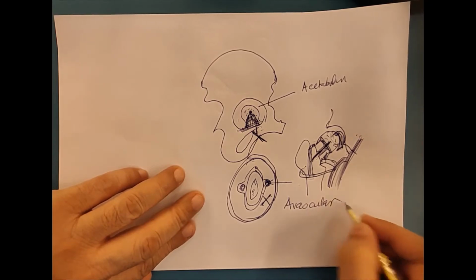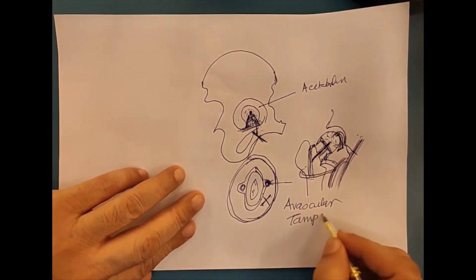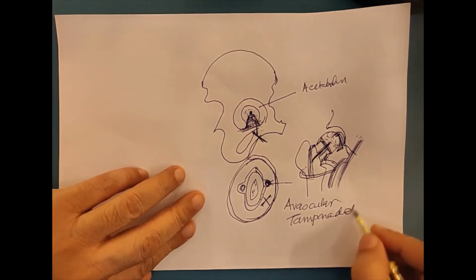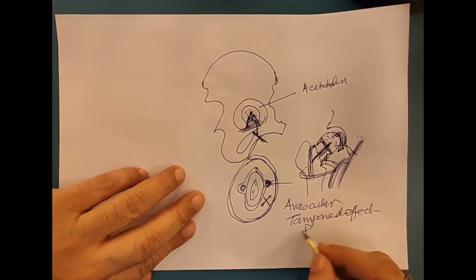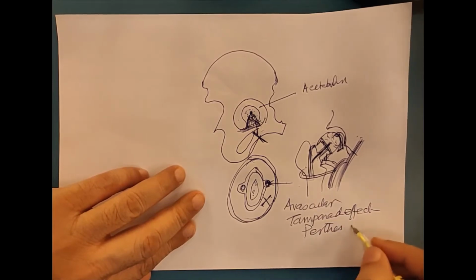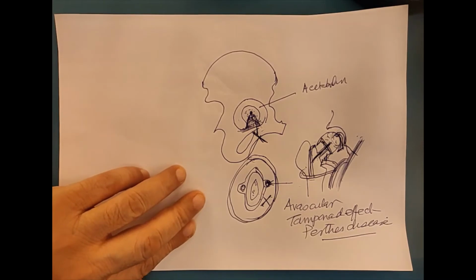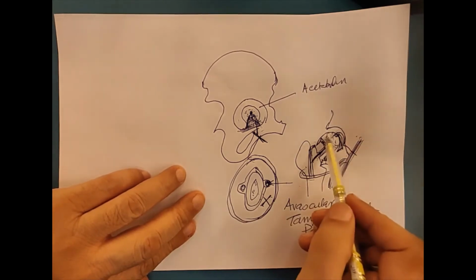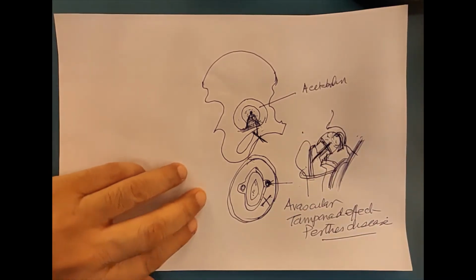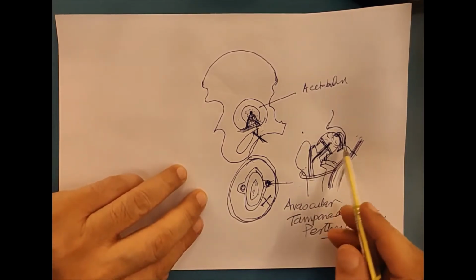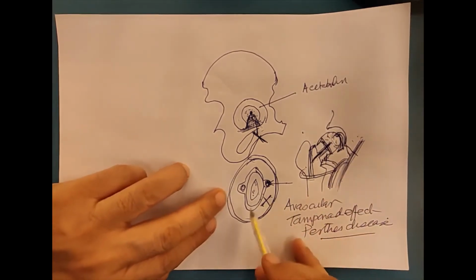This is called the tamponade effect, and this tamponade effect is the pathogenesis of Perthes disease, where the head becomes avascular in children between 2 to 5 years of age, and then it becomes sclerosed, fragmented, and flattened, and it extrudes out of the acetabulum. So this is the blood supply of the head.